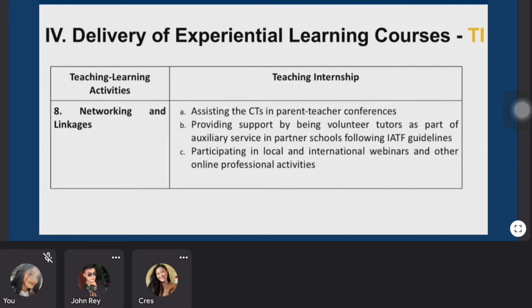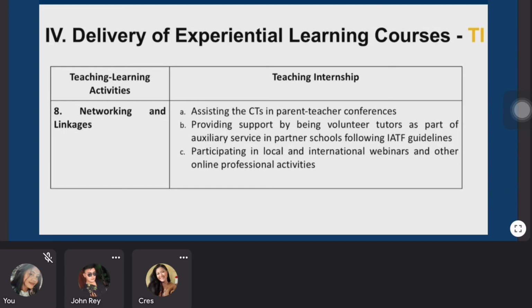So the last one is networking and linkages. During the teaching internship, first is assisting the cooperating teacher in parent-teacher conferences, and second one is providing support by being volunteer tutors as part of the auxiliary service in partner schools following IATF guidelines.